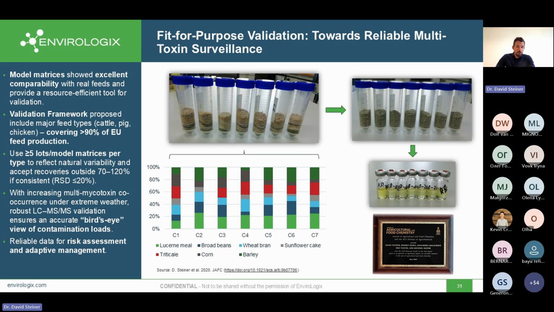And this work was later then actually recognized by the American Chemical Society with the Best Research Article Award in the area of agrochemicals in the year 2021, underscoring again the impact in the field.